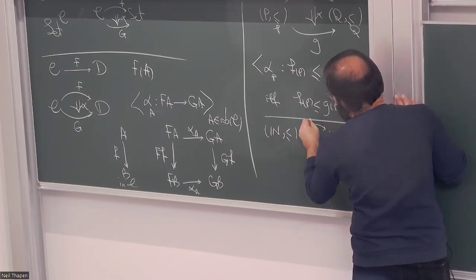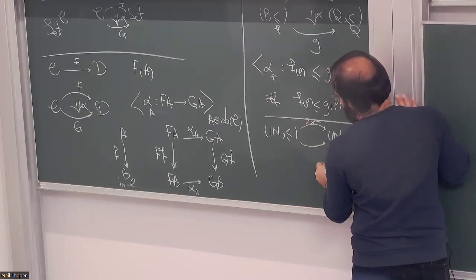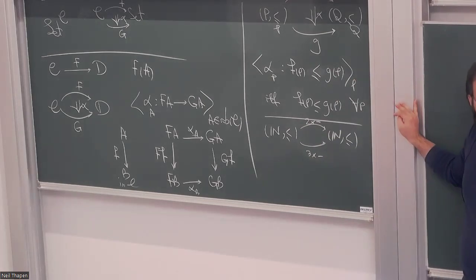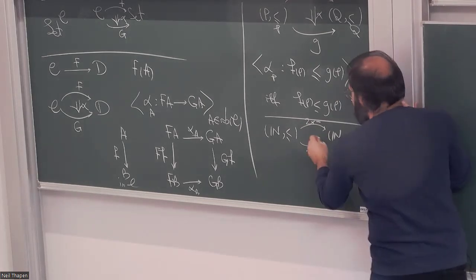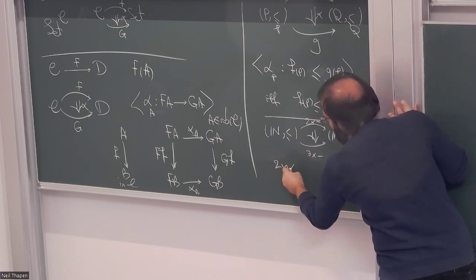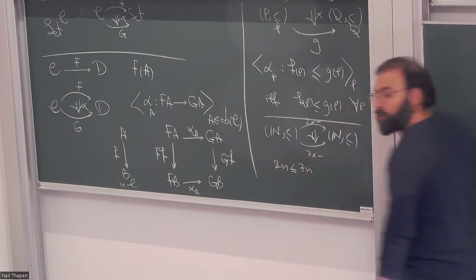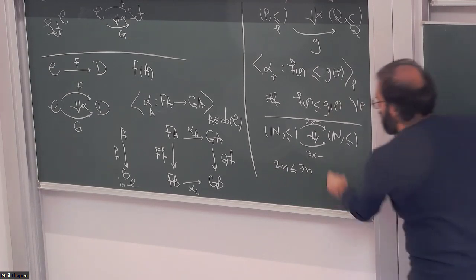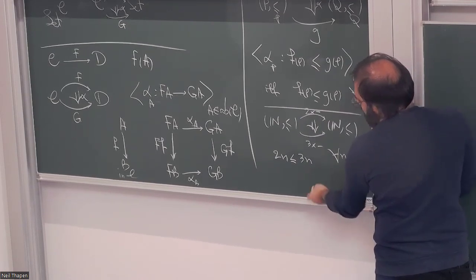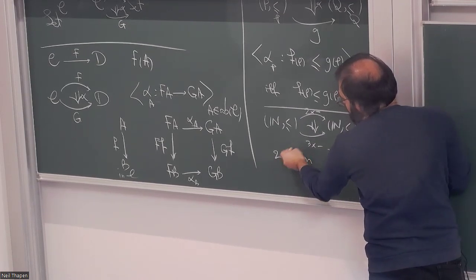So this is just doubling, and this guy is tripling. They are order preserving, of course. There is a natural transformation here simply because 2n is always less than 3n for any n. And that natural transformation is just a sequence of these unique maps.